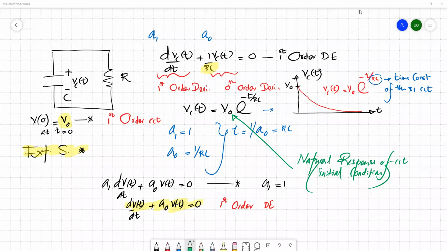If you have multiple loops or multiple meshes, you can apply mesh equations. You can treat these two sub-circuits as two loops or two meshes and apply Kirchhoff voltage law and Kirchhoff current law by assuming branch currents I1, I2, and so on, and node voltages like V1 and V2.